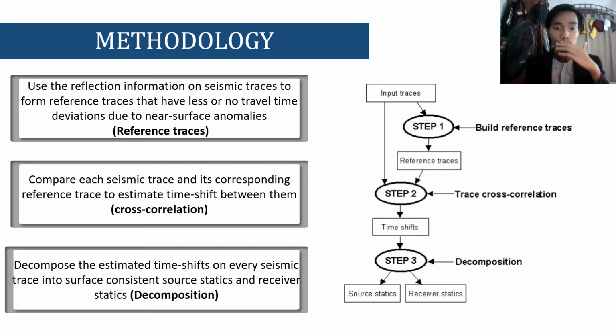Then in step 2, compute the cross correlation between the seismic traces and their corresponding reference traces to estimate the time shift between them. And lastly, apply the decomposition of the time shift estimated in step 2 on every seismic trace, giving surface-consistent source statics and receiver statics.